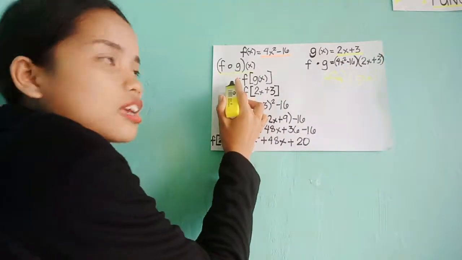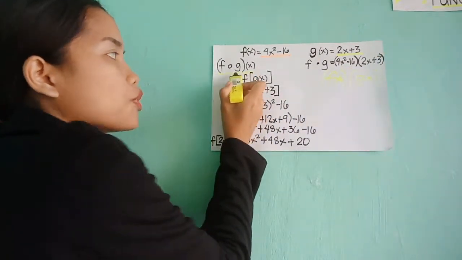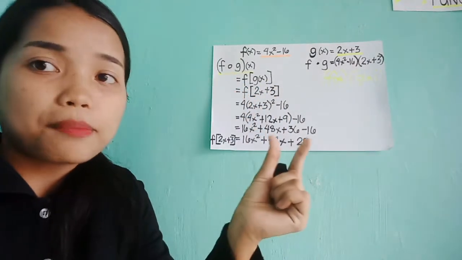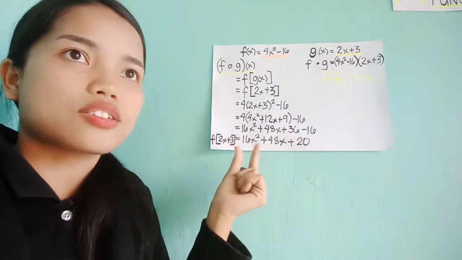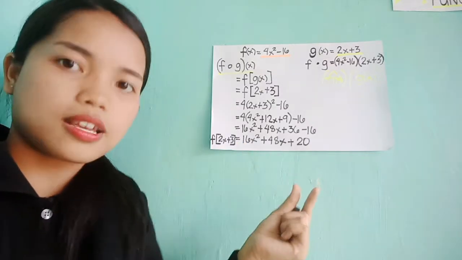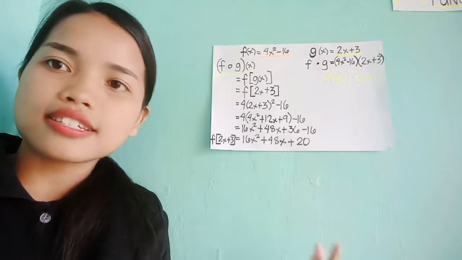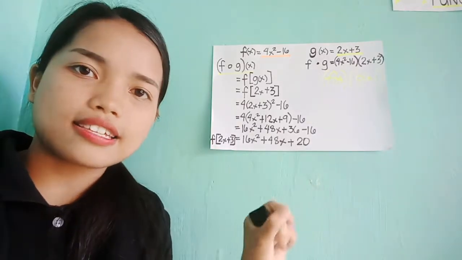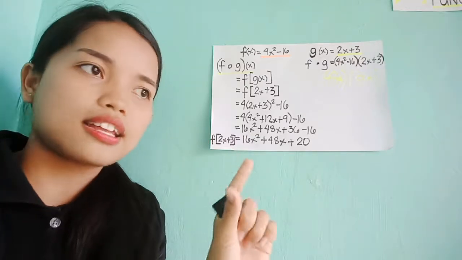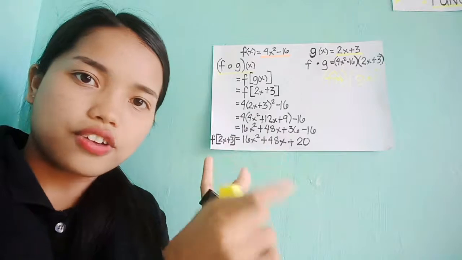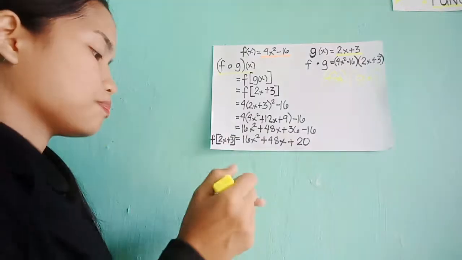In f composed of g of x, the g is being plugged into the x in f of x. Sometimes there are a lot of x's, but you should change all the x's in the function to the value of the other function. So take note of that.